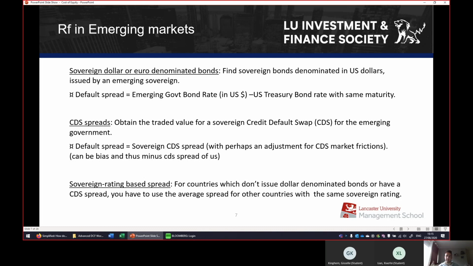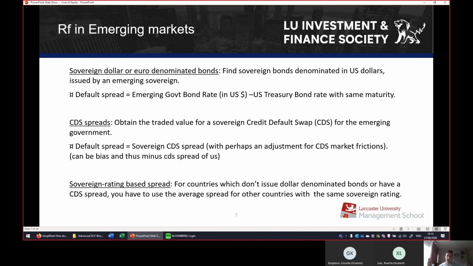And finally, I can also use ratings, and this is kind of the last resort. You use this when you don't have a CDS, a credit default swap, or an external currency-denominated bond such as the US. Then you can go for a sovereign rating.